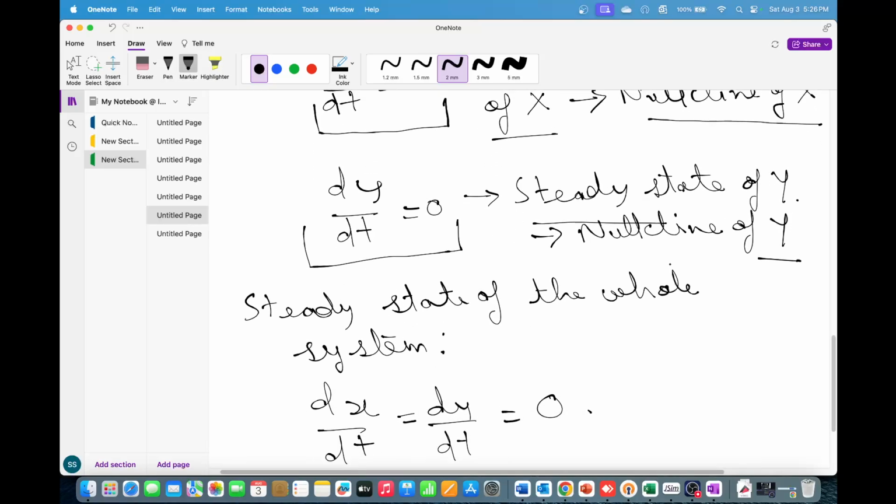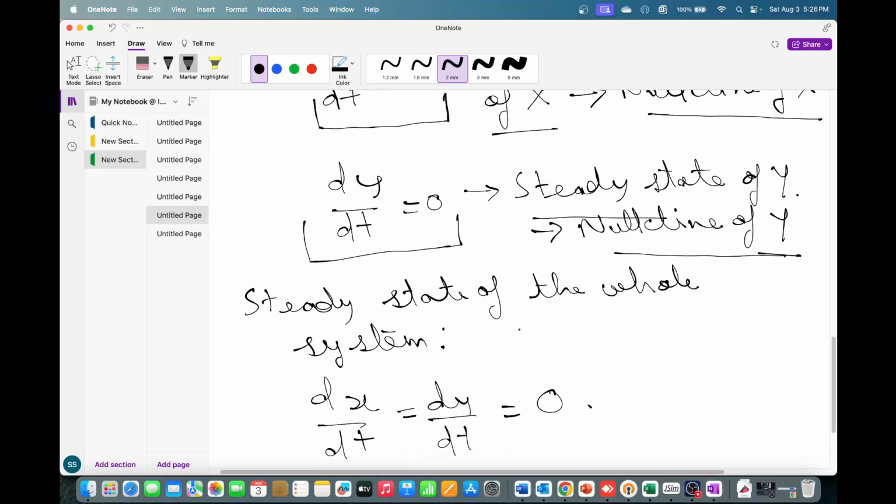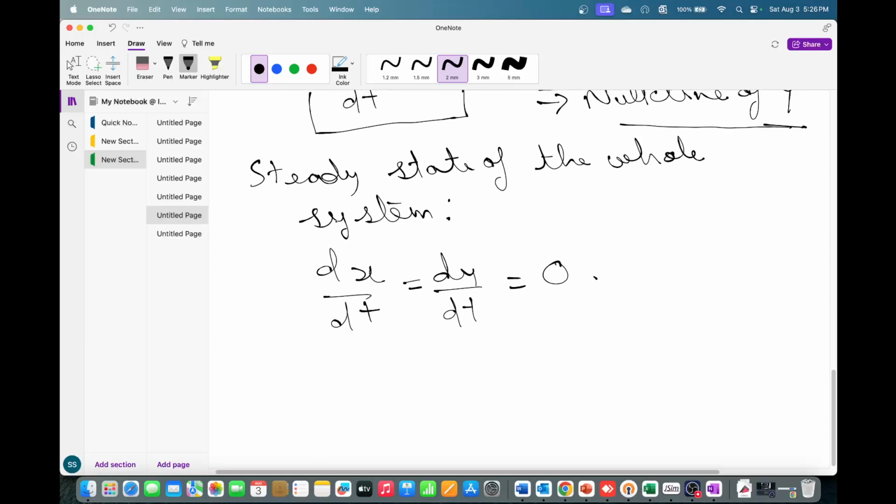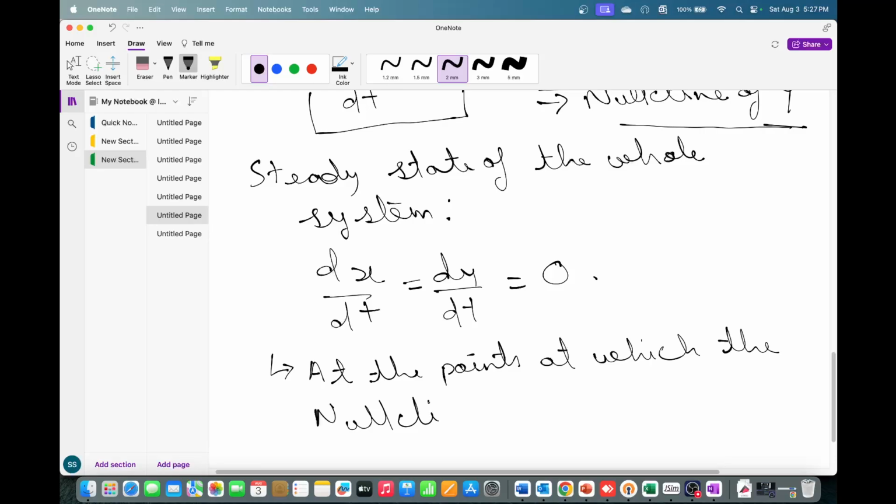When y has the steady state, it's called the nullcline of y. So at which point will the steady state of the whole system be? It will be at the points at which the nullclines of x and y meet. So what does this mean?